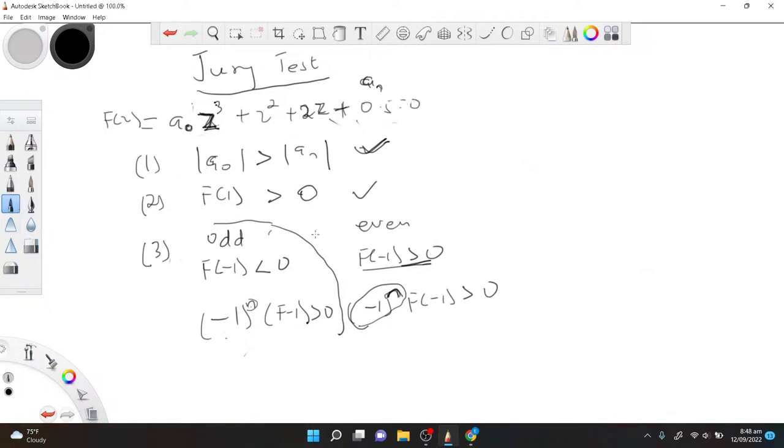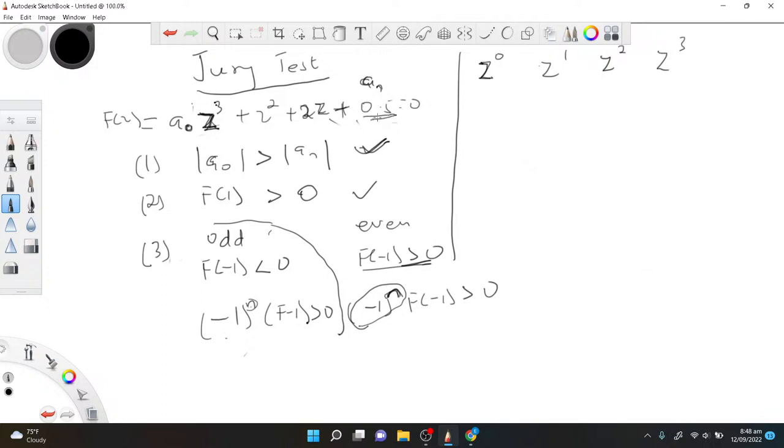Okay. Then if all these conditions are satisfied, you draw your table. You write increasing powers of z: z to the 0, z1, z2, z cubed.